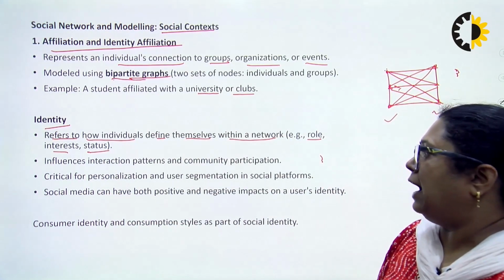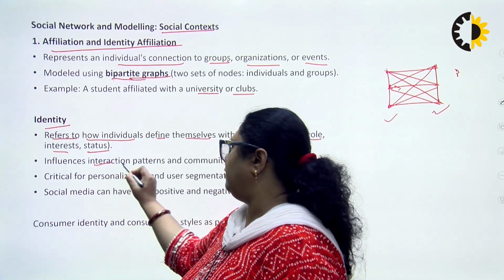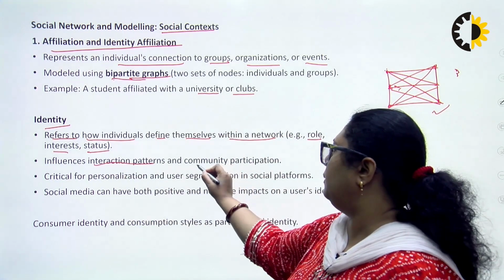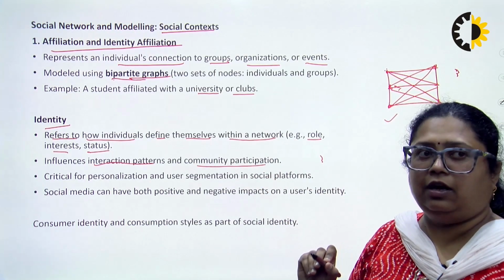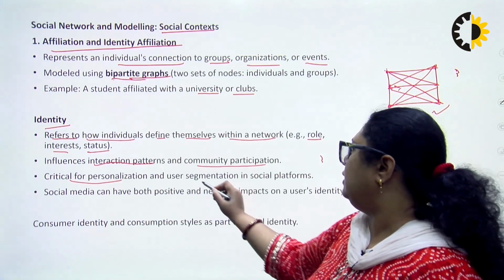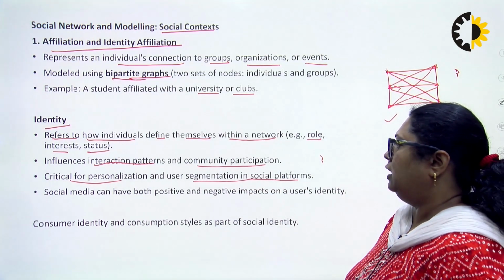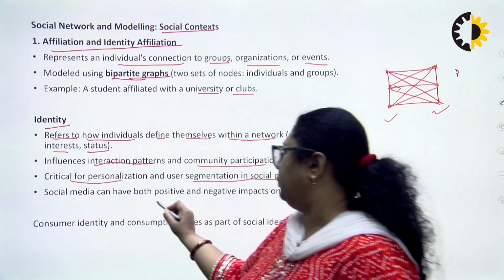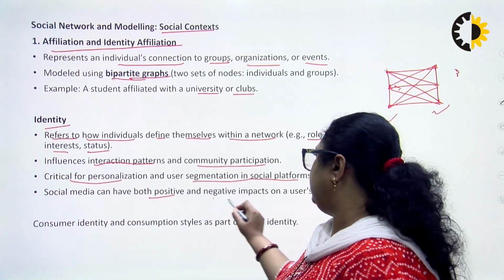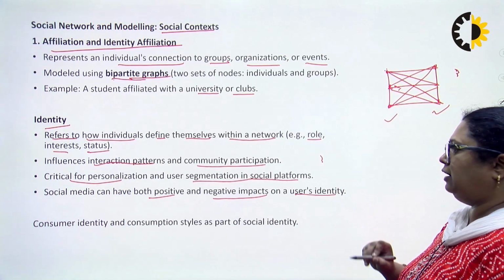Next, what does identity influence? Identity influences interaction patterns and community participation. It is critical for personalization and user segmentation in social media platforms. Identity can have both positive and negative impacts on the user.